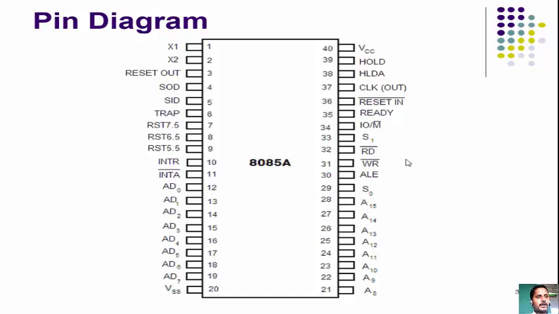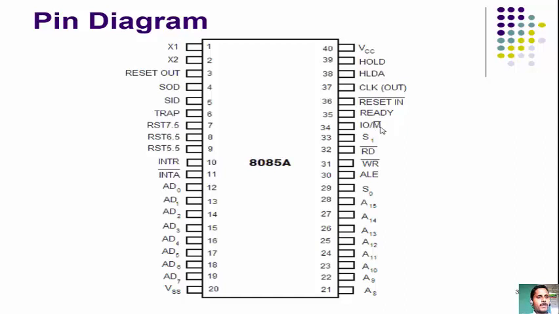Pin number 29 and pin number 33, these two are the status pins S0 and S1. Various operations performed by the microprocessor are observed with the help of these two status pins, S0 and S1, with pin number 34 IO/M bar.